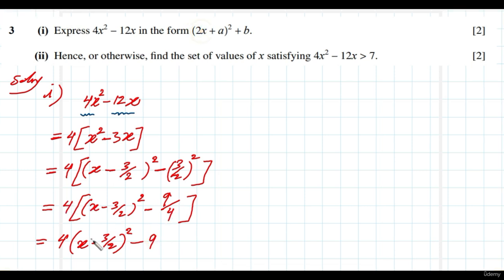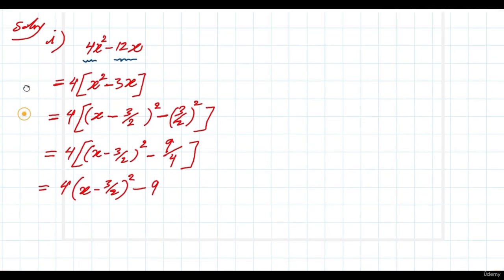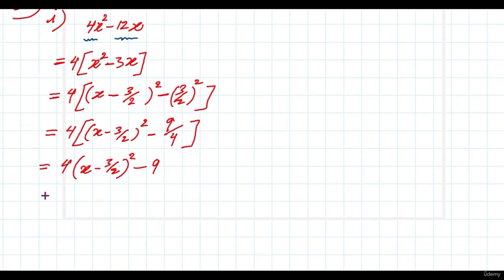However, for the first term, we have 2x, but here inside the bracket is not 2x, it's just x. Then how to make it 2x? We need to think of changing this number 4 to another form. We can say 4 can be 2 to the power of 2. Then times (x minus 3 over 2) squared minus 9. So now this 2, the base is 2, and the power is 2.